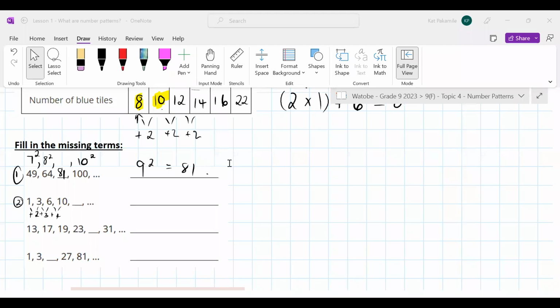Ma'am, I just want to ask a quick question. When we're trying to find the next numbers, for example, the first time you said 7 to the power of 2, right? Do we have to find an equation to find the next answer?